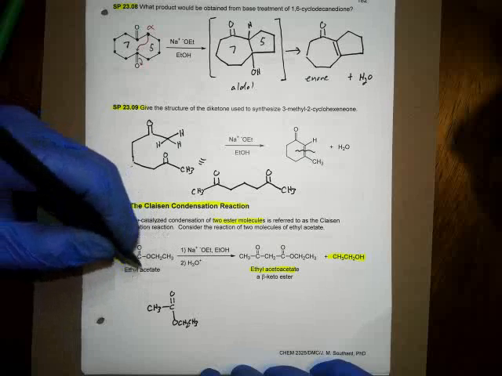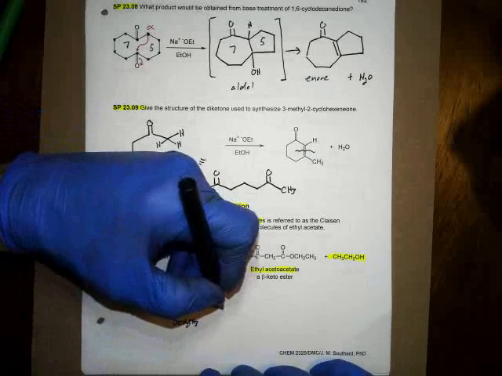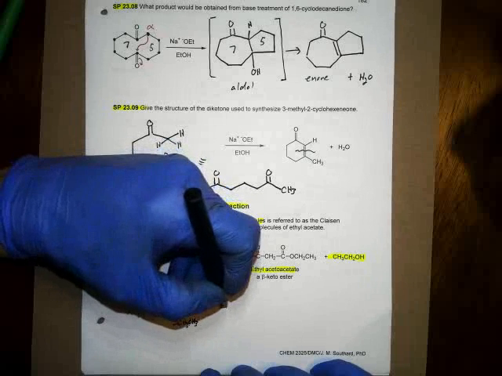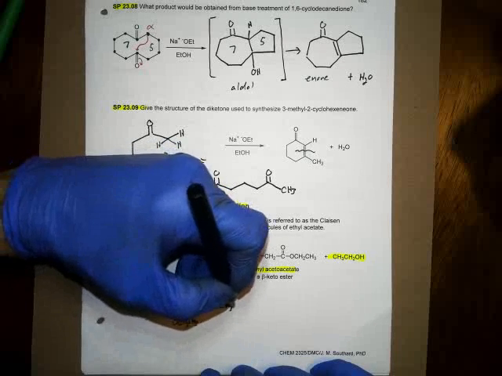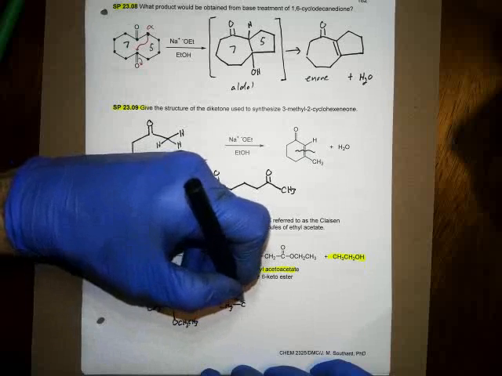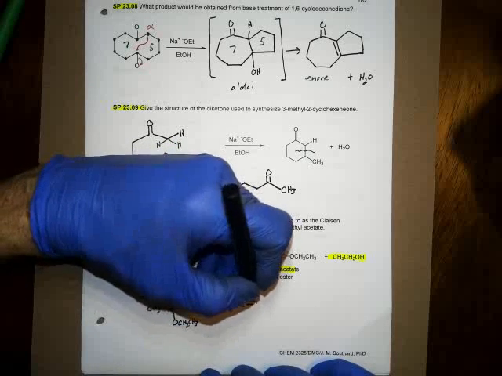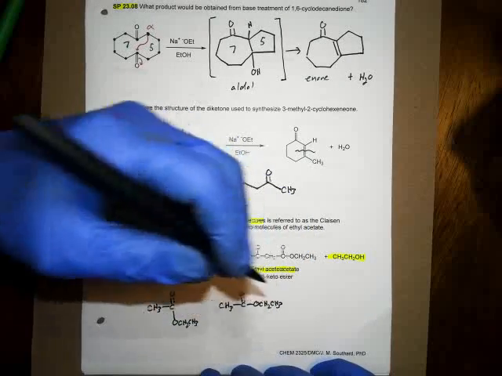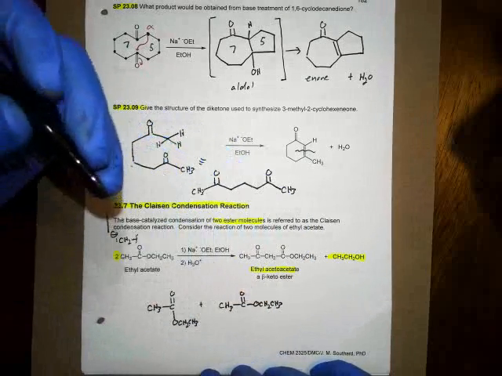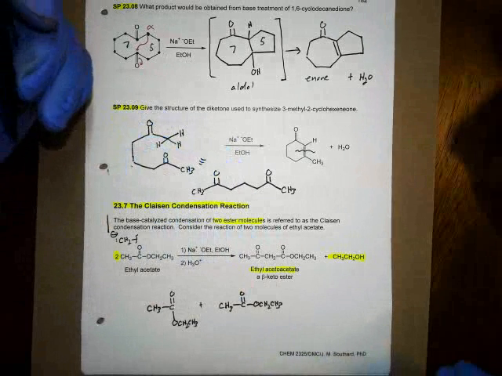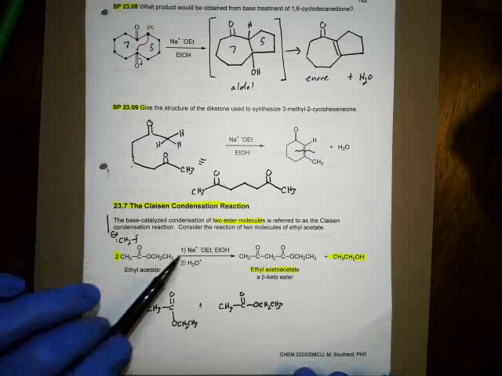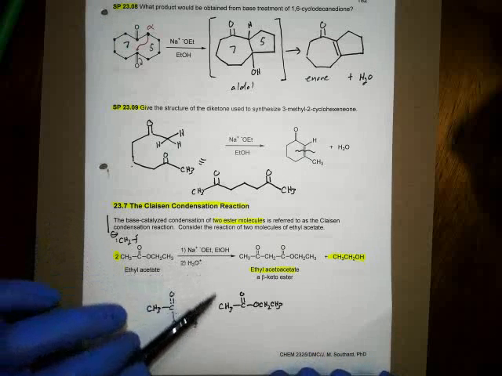Now let me go over here and redraw that same structure again. You say, oh wow, big deal, you do the structure twice, only it looks a little different. No big deal, right? Yeah, this will help you understand what's going on. Folks, what did we say happens when you treat this with base?